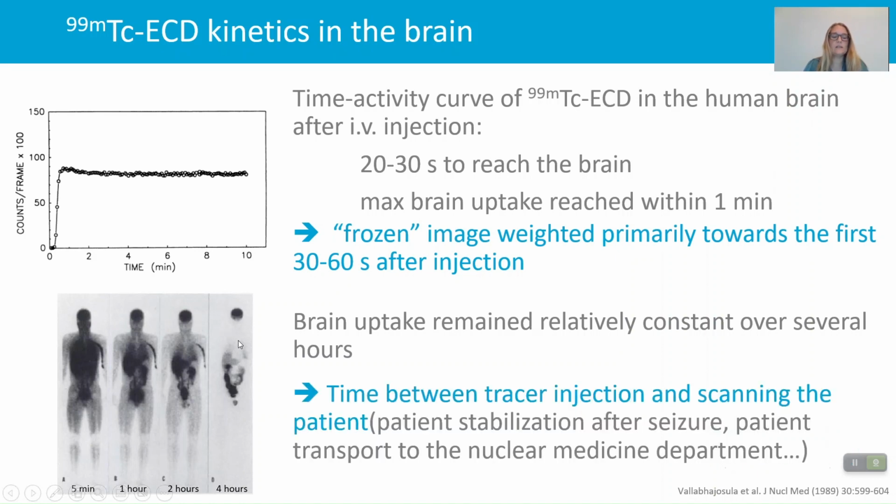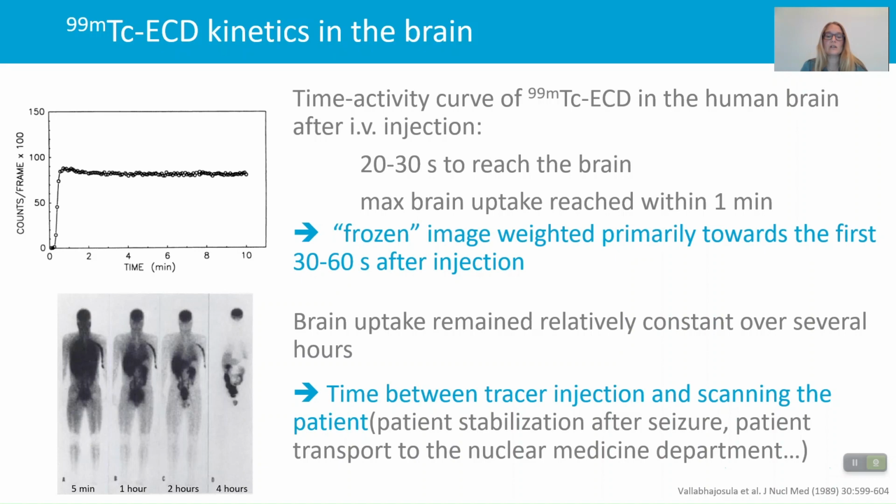So this means that we have 2 to 4 hours for sure between tracer injection and scanning of the patients. This is all the time that we can use, or sometimes we need, for patient stabilization, to stabilize the patient after a seizure, to make sure that the patient is fully awake and cooperative.